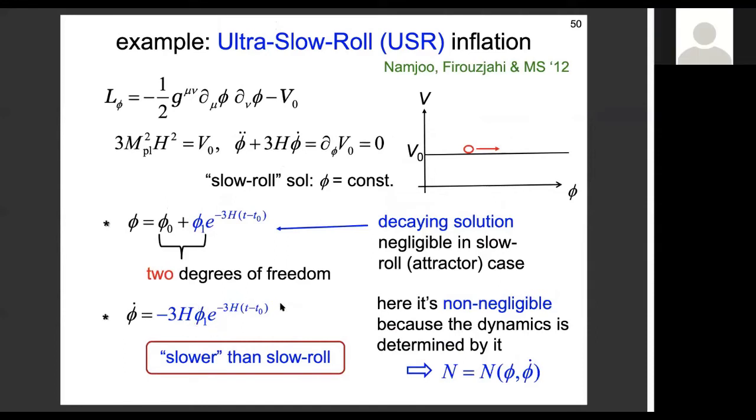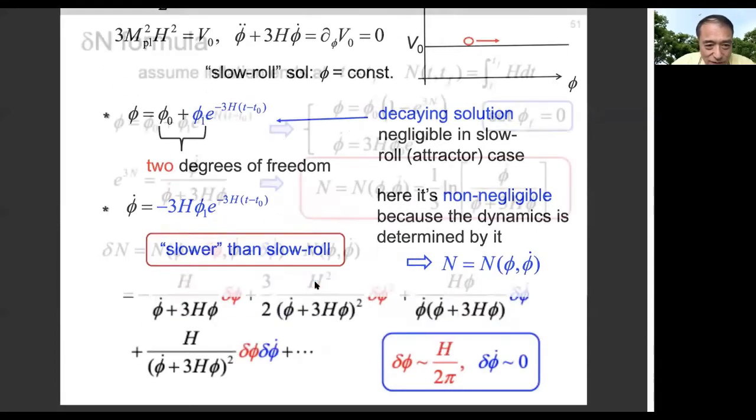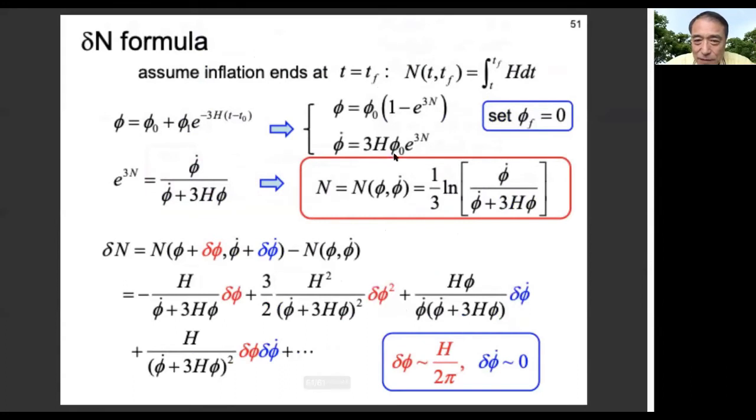It just depends on at which moment you start to measure this decaying mode. So in some sense it determines the initial amplitude, but it's just a free parameter which is not determined from the theory.